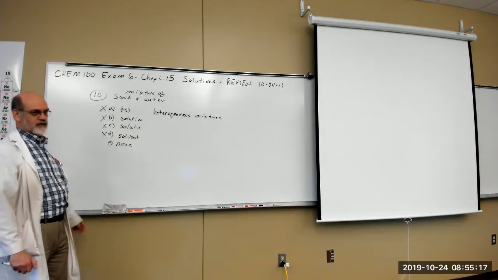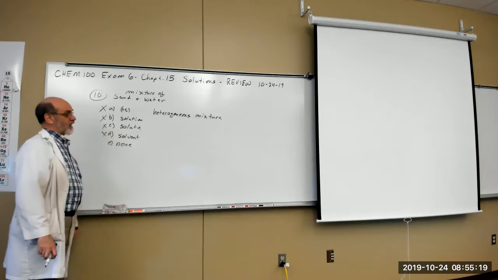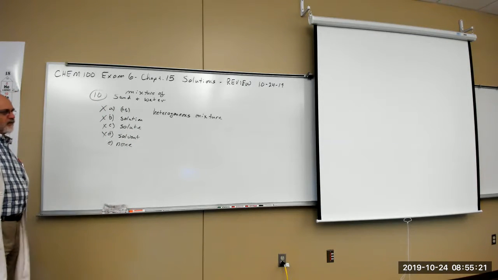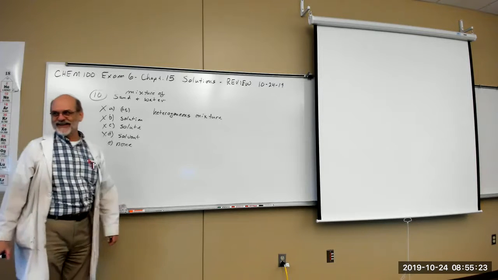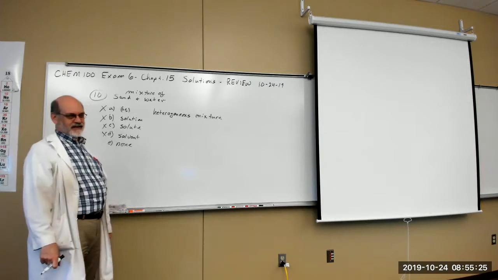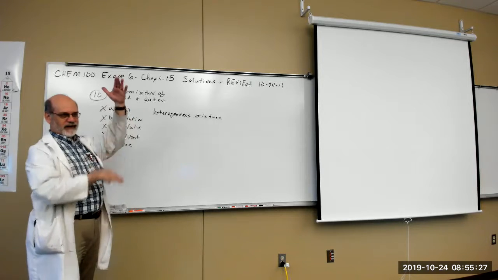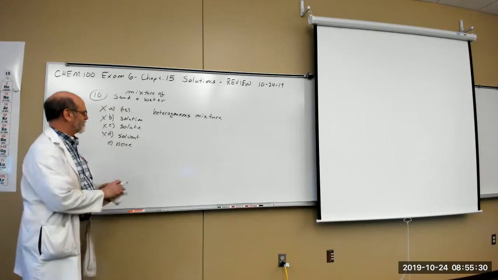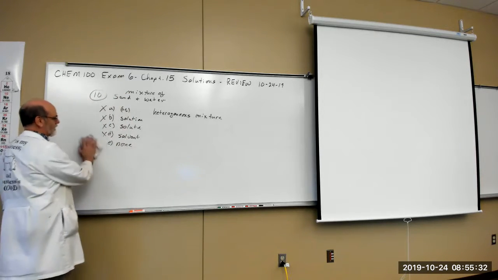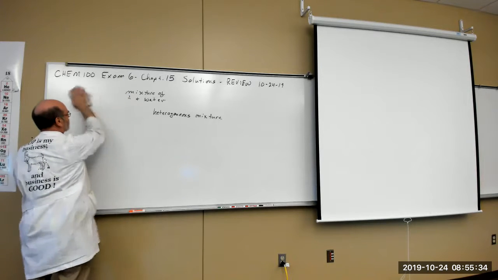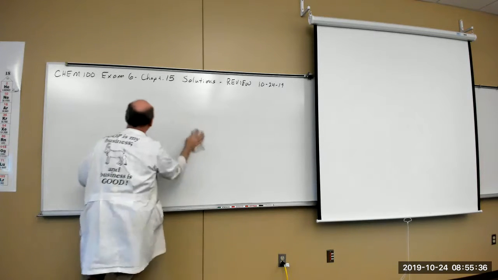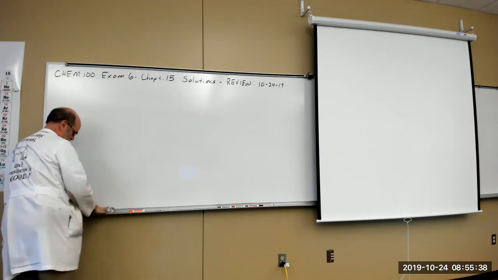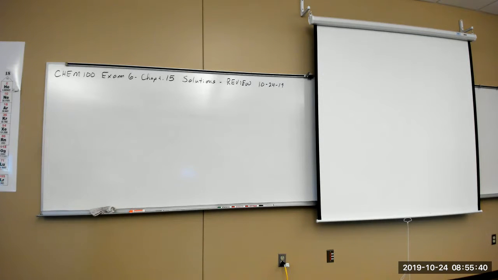That's a heterogeneous mixture. And actually, it's a morphing heterogeneous mixture. The longer you wait, the more contrast you get between one level and the other. That was kind of a review, really, of past concepts.